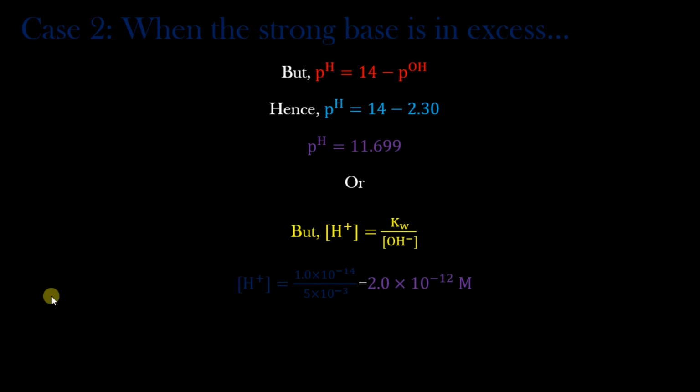And we have pH given by the negative logarithm of the molar concentration of hydrogen ion, which is negative logarithm of 2.0 × 10^-12, and this gives us a pH of 11.699, which is approximately 11.7. So whatever approach you use must always take you to the same value of pH.